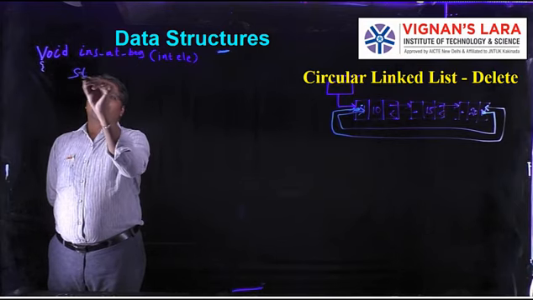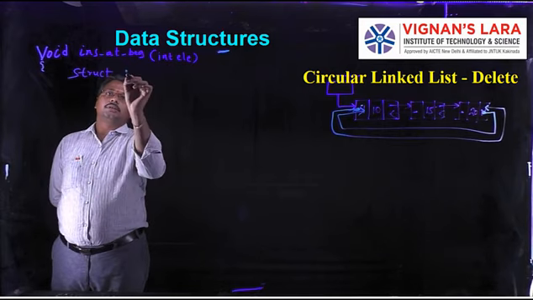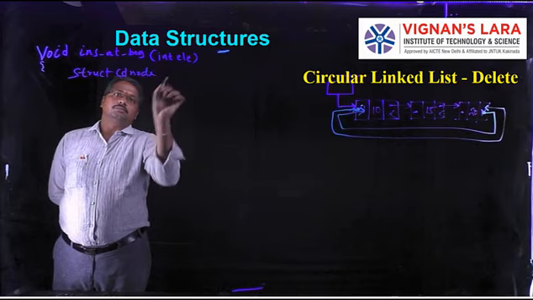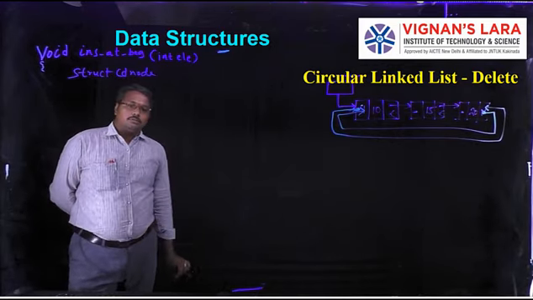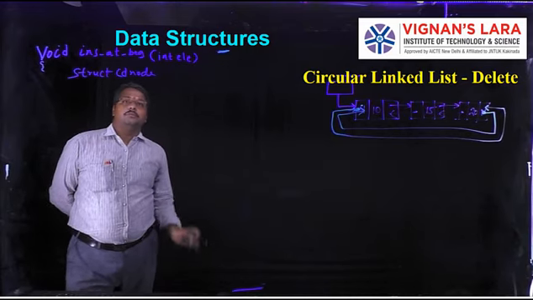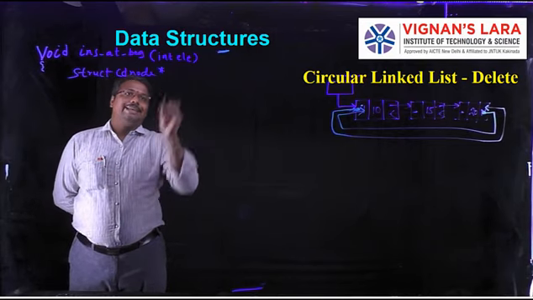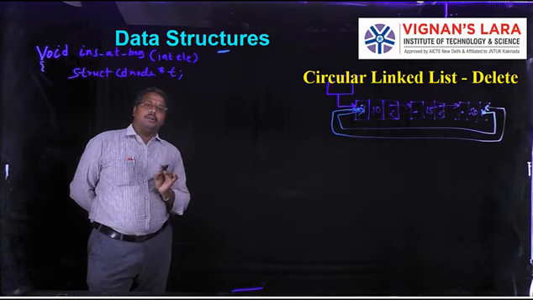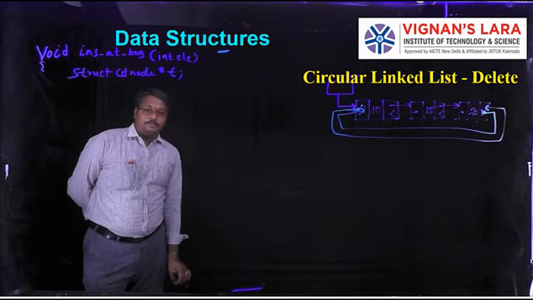First we need to create struct CD node star T. Generally it is D node, I am just using CD node. CD node is nothing but circular double linked list node. Why am I creating a temporary node in the insert at beginning operation?